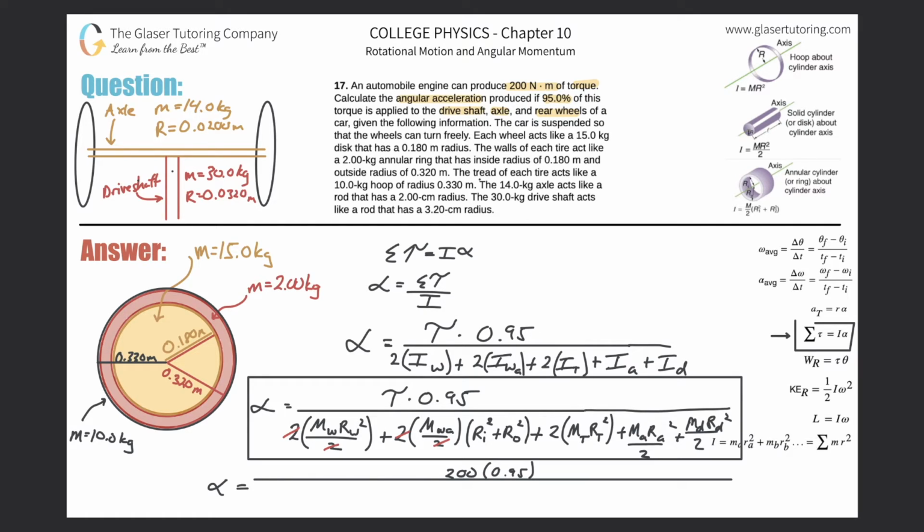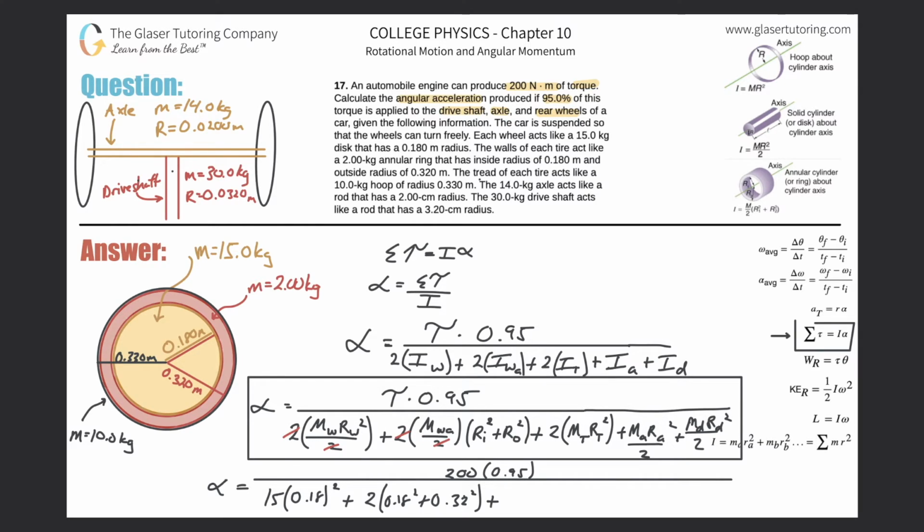So now it's the mass of the wheel, which they told us was 15 kilograms, multiplied by our radius, 0.18, squared. Plus the mass of the wall, 2 kilograms, multiplied by the inner radius 0.18 squared, plus the outer radius 0.32 squared.